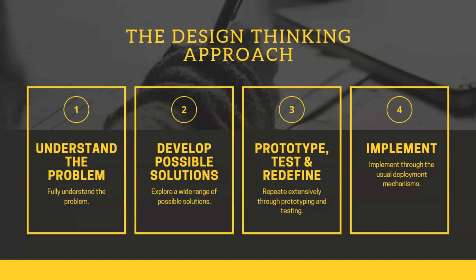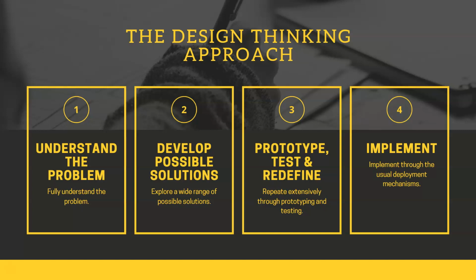When we fully understand the problem, then we can develop possible solutions where we can explore a wide range of possible solutions. So this is where we need another process, which includes brainstorming. The next one, we have to prototype, and we have to test and refine the solutions.